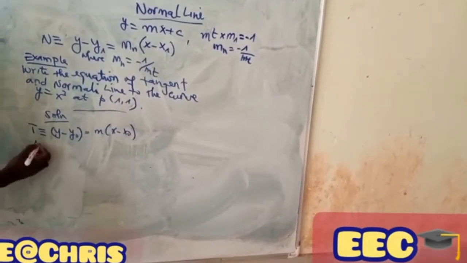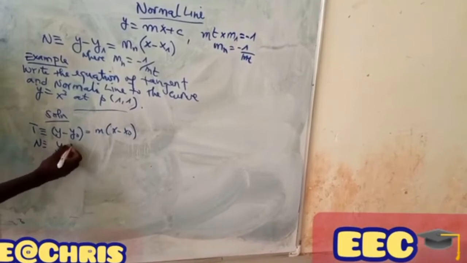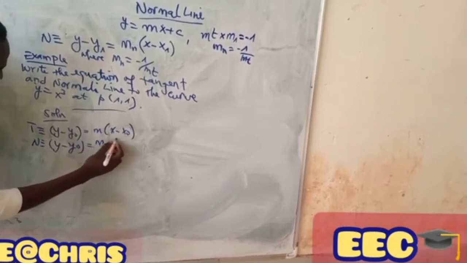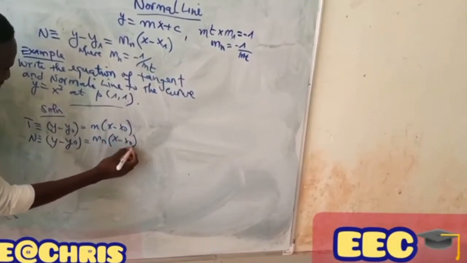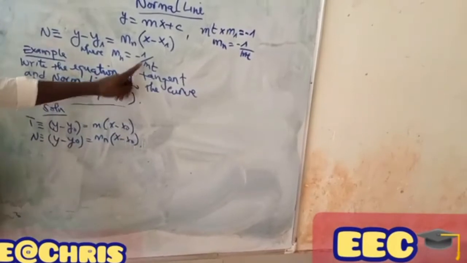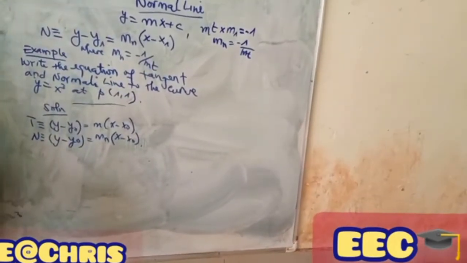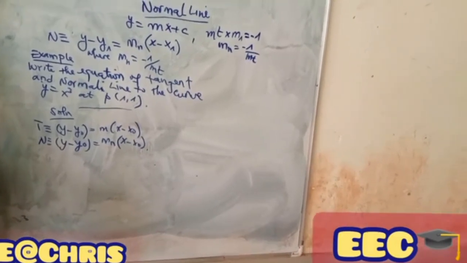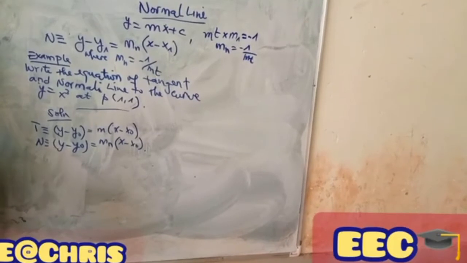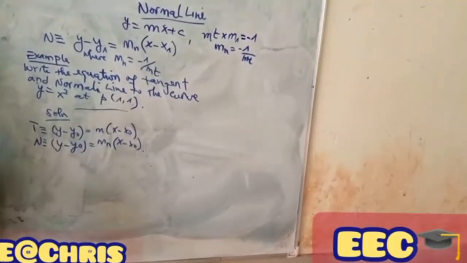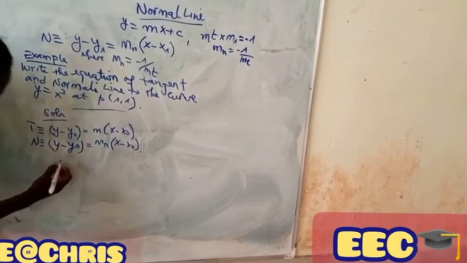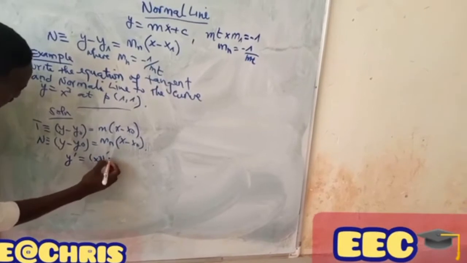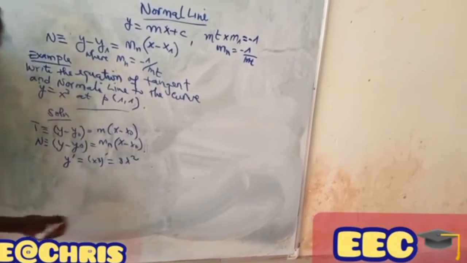And for the normal line, we have y minus y0 equals mn times x minus x0, and you know that mn is equal to minus 1 over mt. We are going to use the method of the derivative of the function. You have the point (1, 1) and the function y equals x to the power 3. Then the derivative of y will be equal to the derivative of x to the power 3, which is 3x squared.